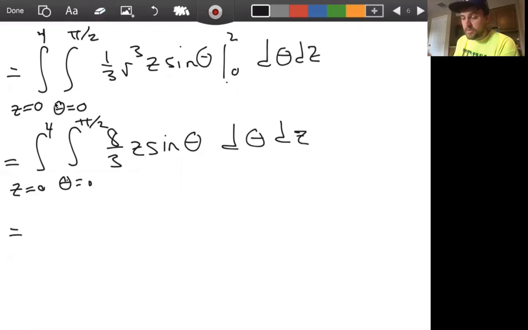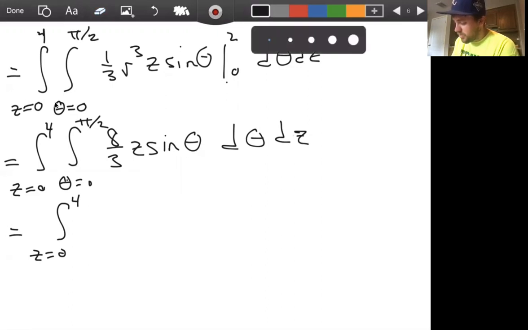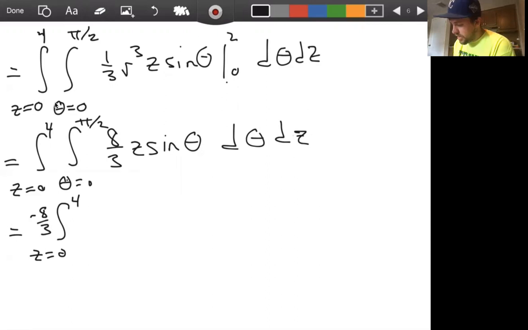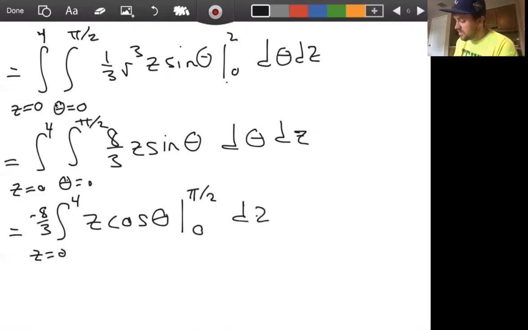And so now let's integrate with respect to theta and treat z as a constant. So we have the integral z goes from 0 to 4. The integral of sine is negative cosine, and I can pull the constants out front, so negative 8/3, then z cosine theta from 0 to pi over 2, dz.